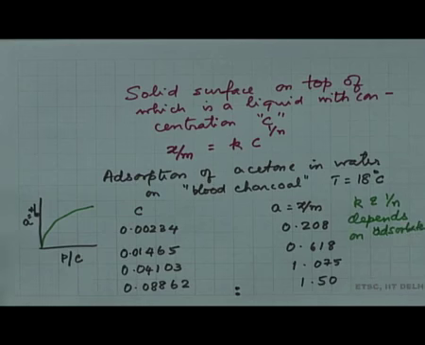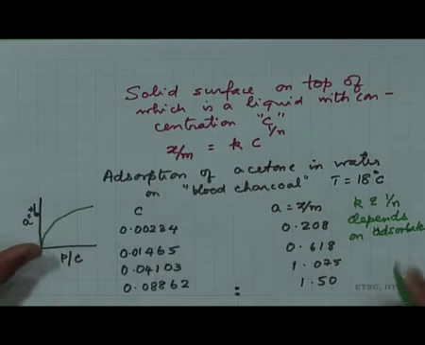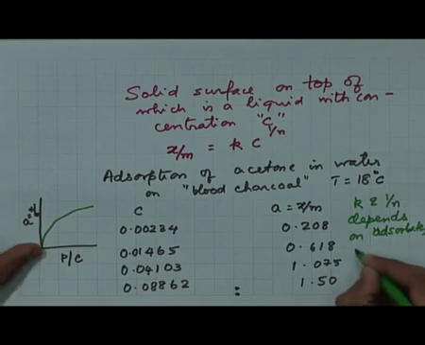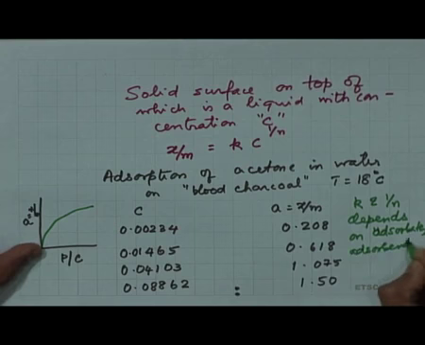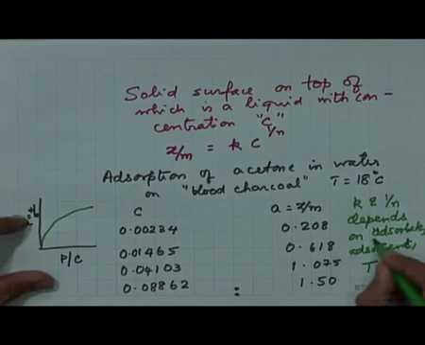I introduce adsorbate because that is a term that you need to know. Adsorbate means the thing that gets adsorbed, the adsorbent, that is the solid which does the adsorption, and the temperature. So, it depends on these three factors.